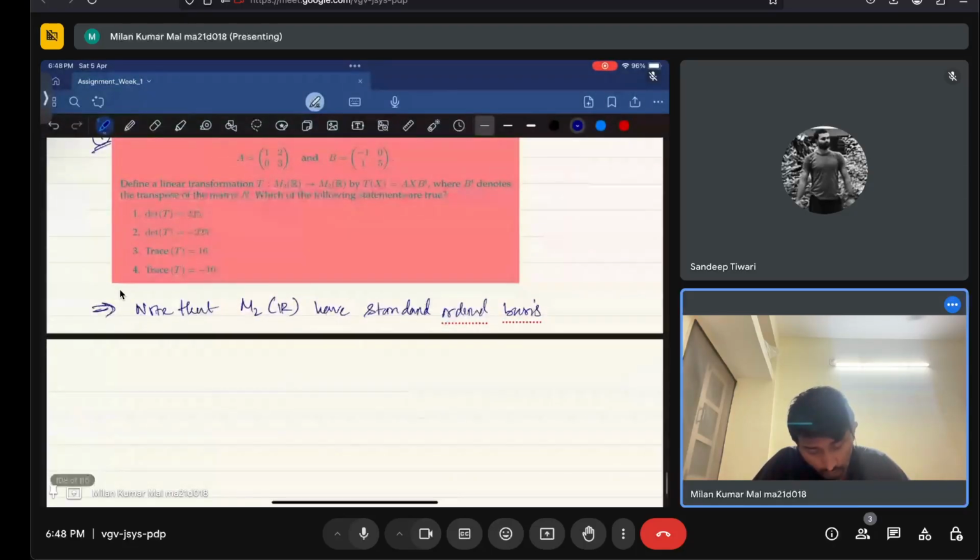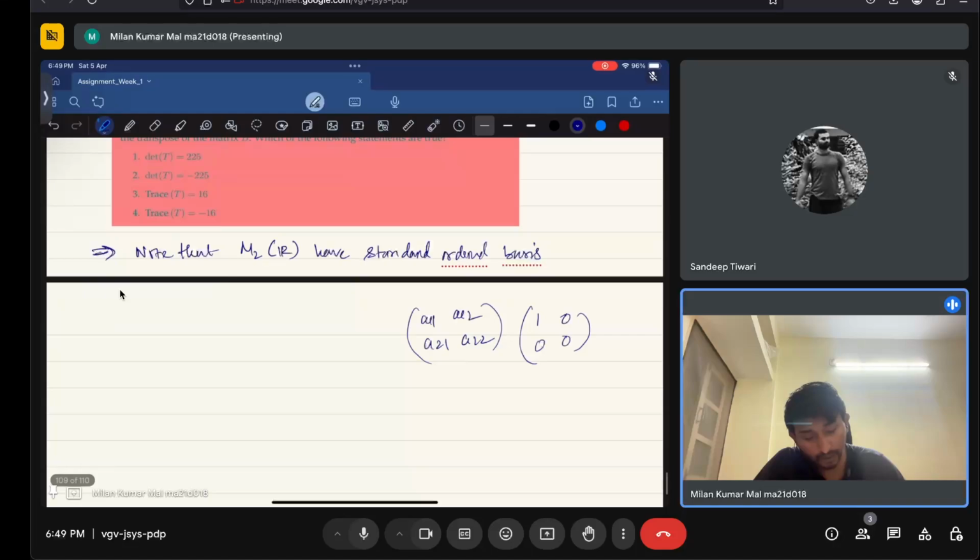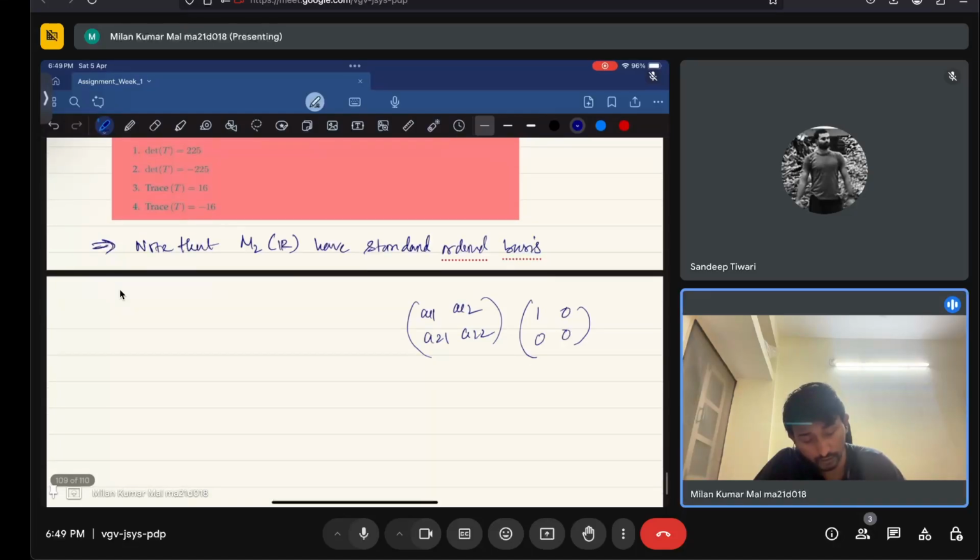Let's check. For example, if you have matrix A, something like A11, A12, A21, A22, this is the matrix. Now multiply by B, B11, B12, B21, B22.